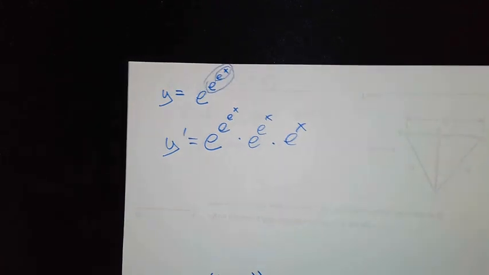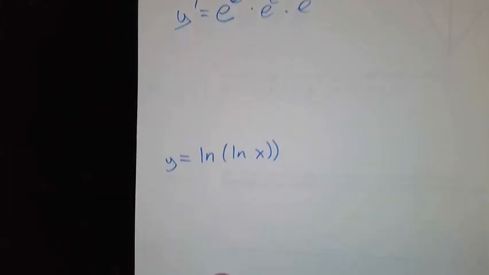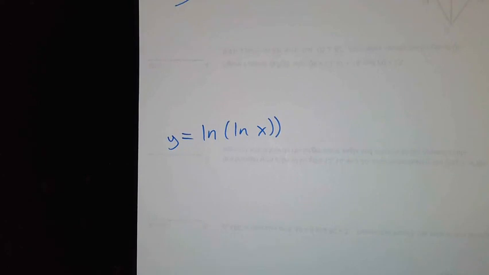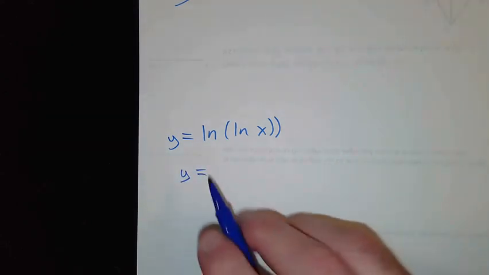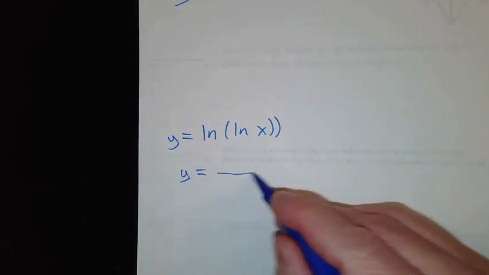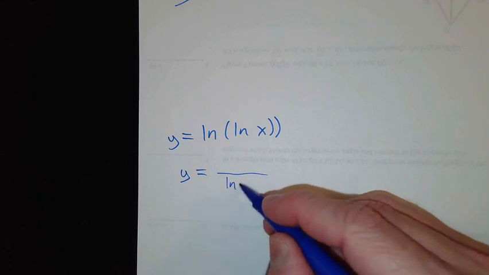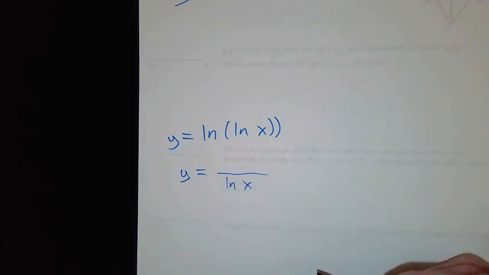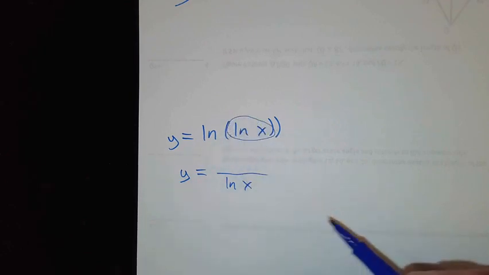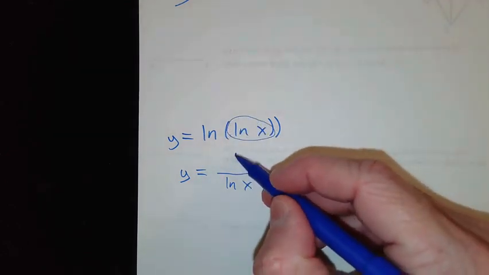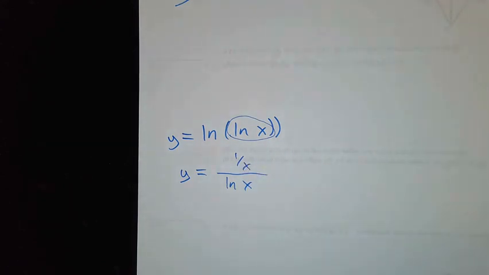And then an analogous situation with the natural log is the natural log of the natural log of x. And if I want to take the derivative of something like this, well, the derivative of the natural log of something is 1 over the something times the derivative of the something. Our something in this case is the natural log of x, and the derivative of the natural log of x is 1 over x.